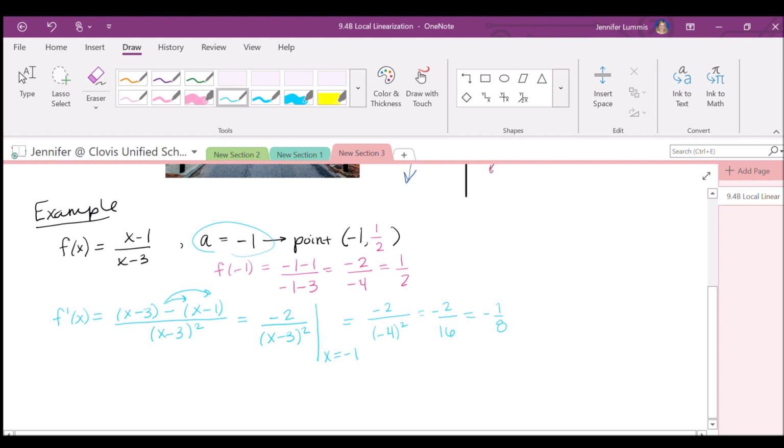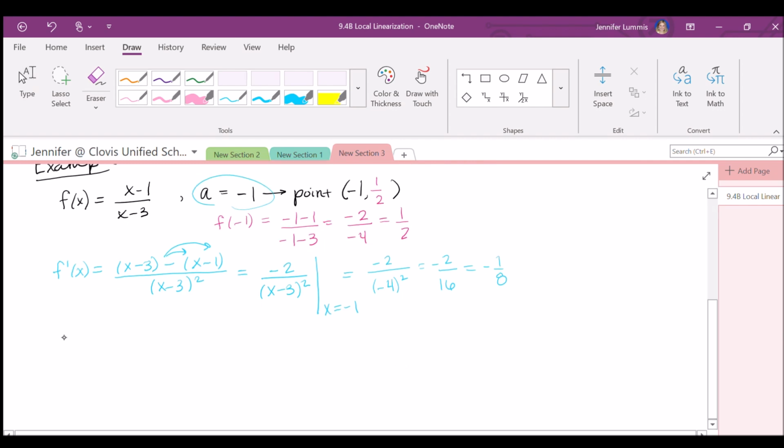All right, we're going to write the equation of our tangent line. So y minus 1/2 is equal to -1/8 of (x minus -1), or (x plus 1).